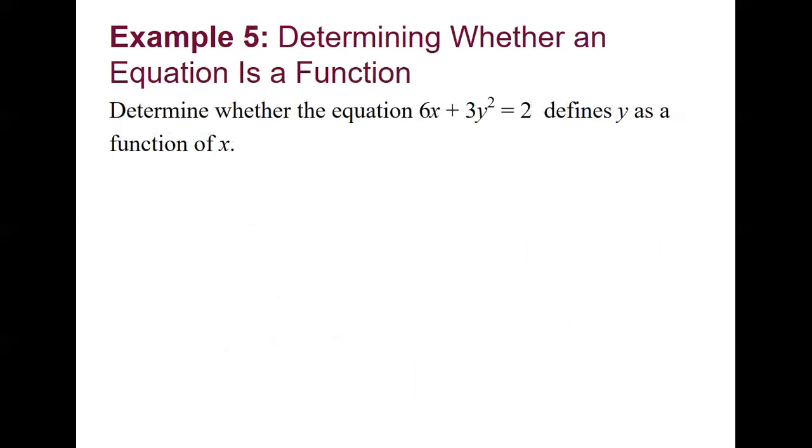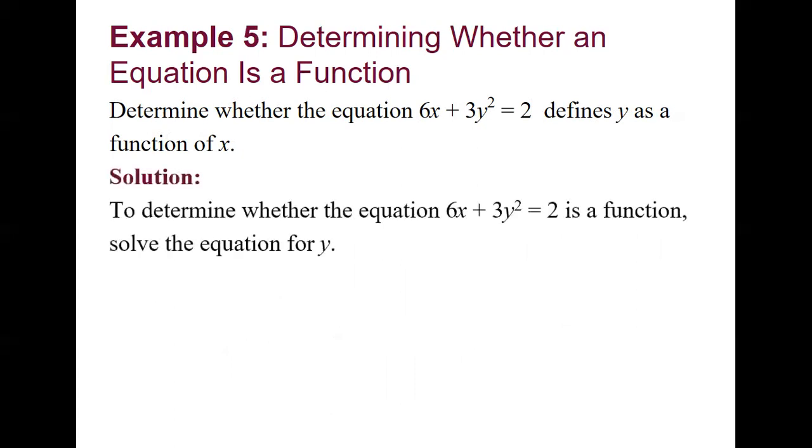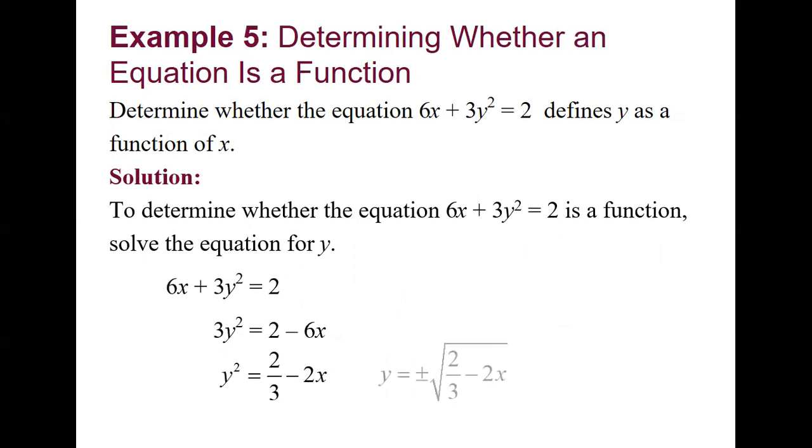Okay, what about this? We have 6x plus 3y squared equals 2. Would this be considered a function? No. Why is it not? Exactly. Your y is going to be squared. So when you isolate the y, when I subtract the 6x, then divide by the 3, I'm going to take the square root. And when you take the square root, what happens?